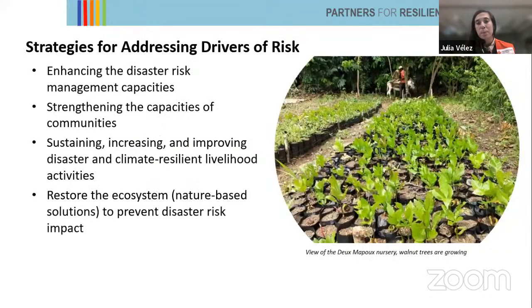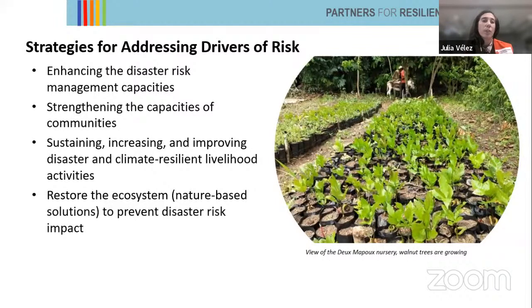Next slide, please. So the strategies we have implemented from the project to address the drivers of risk are, first, enhancing the disaster risk management capacities, especially of the Haitian Red Cross volunteers and the civil protection that are in those localities. The project has worked in 10 localities, and this has provoked also impact and replication.